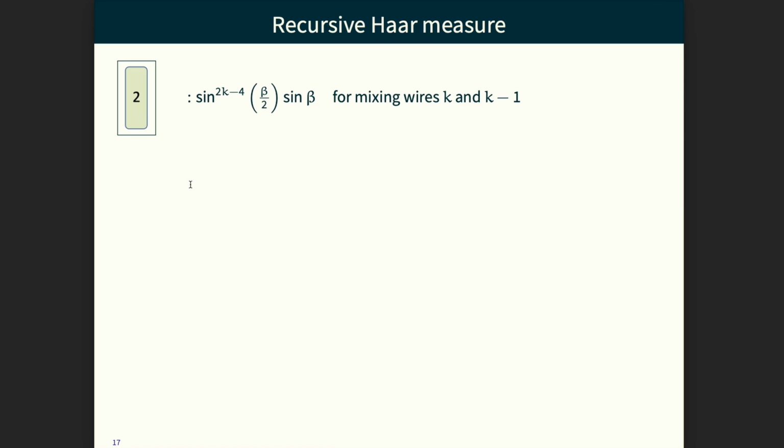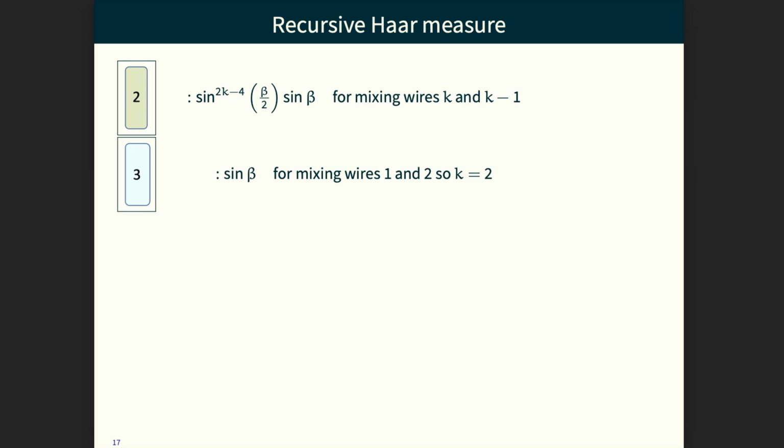So that part there, the part that is associated with the two boxes, it's some power of sine like this. And K here is for mixing wires K and K minus 1.